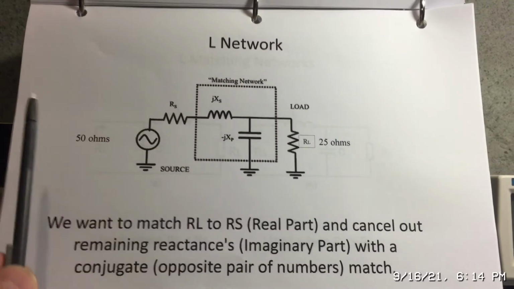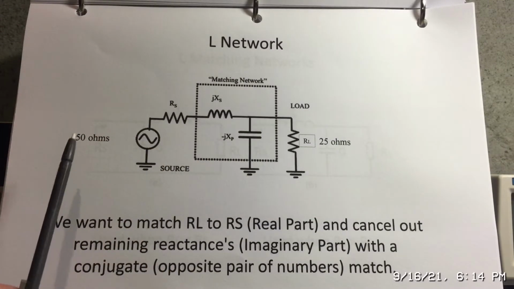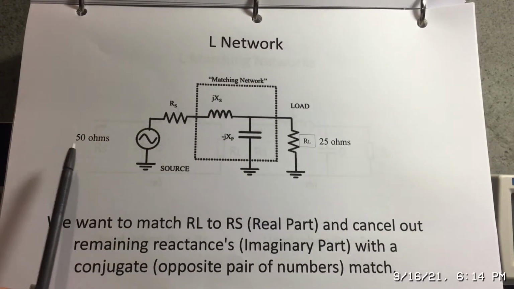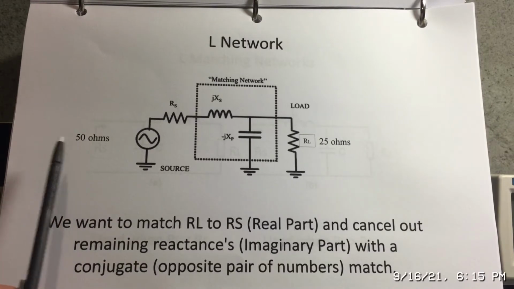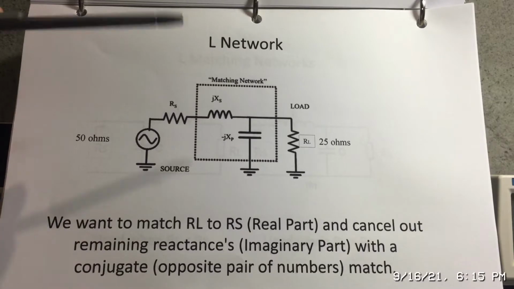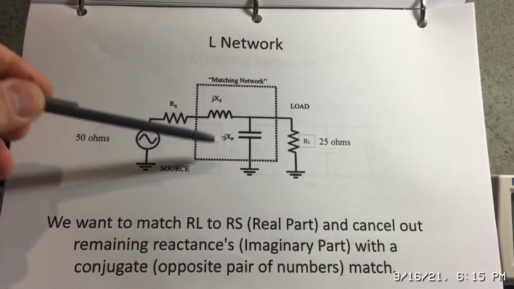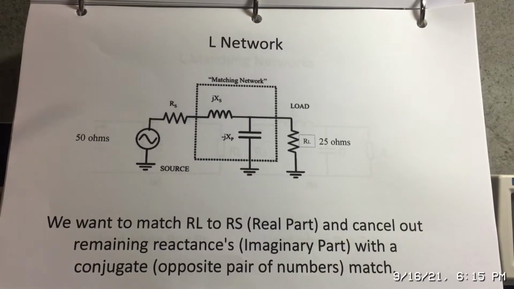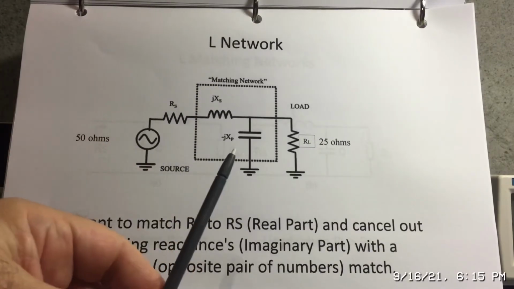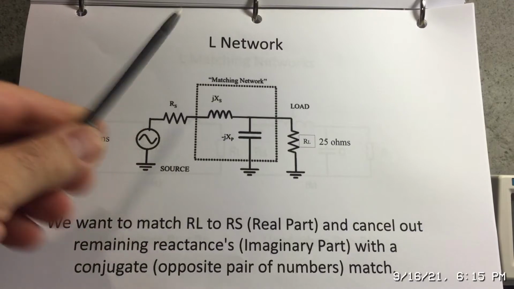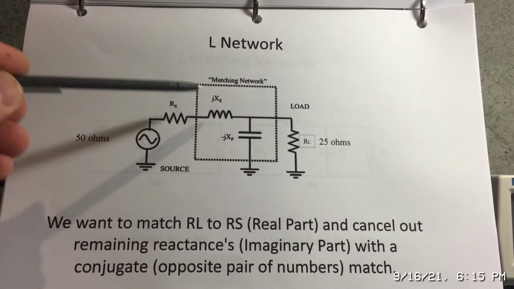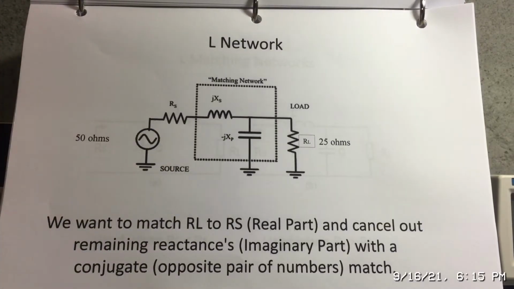When we talk about impedances, we typically talk about a complex impedance. So we have a real part, which is the resistance, and an imaginary part, and we use the letter J to signify the imaginary part. We have either plus J or minus J. Plus J would be inductive reactance, minus J is capacitive reactance.